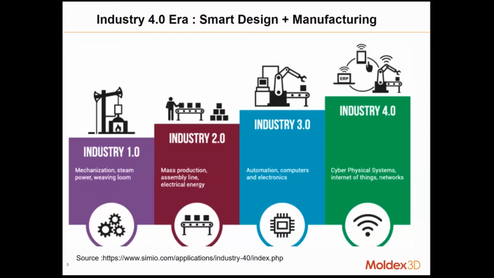Like in the Industry 1 era, we have steam power, so we can use more machines and increase the profit. And then Industry 2, we use the assembly line to increase the efficiency. And in the Industry 3 era, CAE also came out. The automation technology helps us to reduce the manpower, to reduce the pay for manpower.